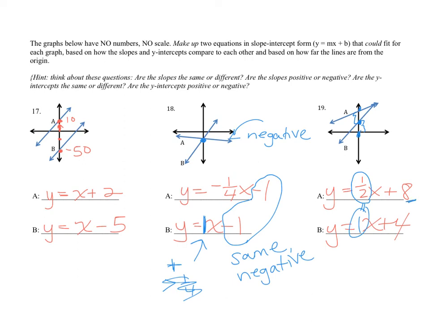Like this should be about double whatever you put here. So if I put 2 for B as the y-intercept, then I would put 4 for A. Or you could even put like 5 or 3, something close, right? But the important thing is that they both have to be positive, and letter B, the y-intercept, has to be smaller than letter A.